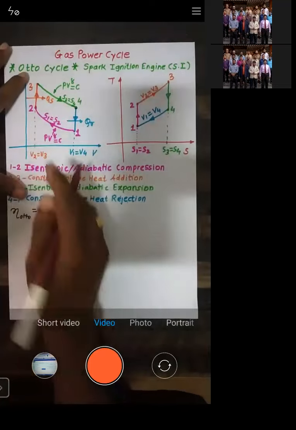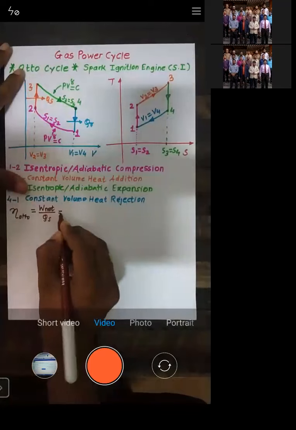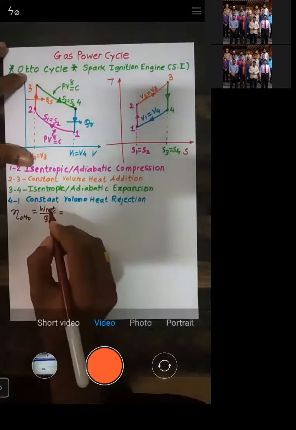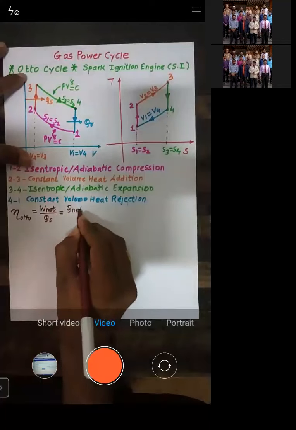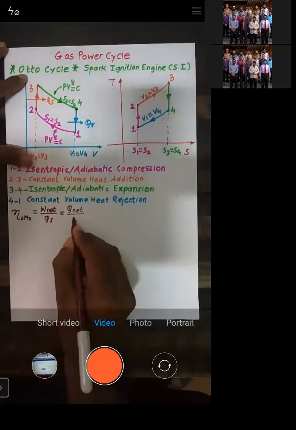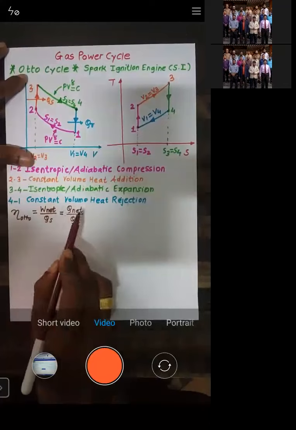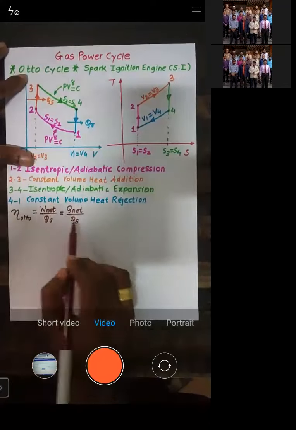Now, when we see a cycle, what does the first law of thermodynamics say? For a system undergoing a thermodynamic cycle, net work transfer is equal to net heat transfer. So when the system executes a cycle, work transfer is equal to heat transfer. That is what is written.